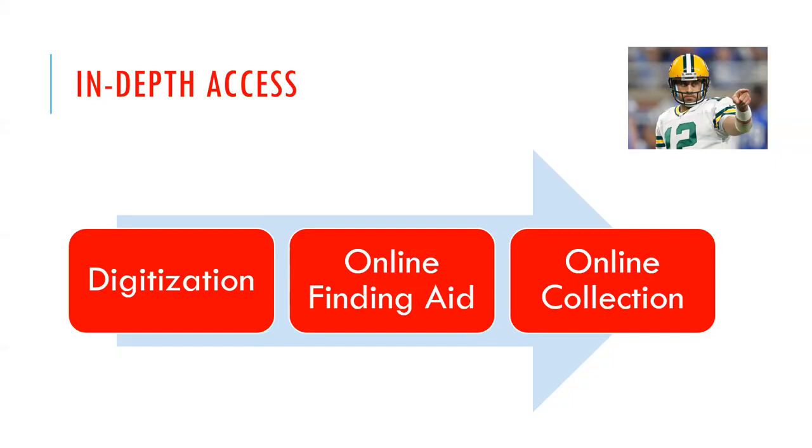And contrary to what some researchers might think, not all records are digitized. Archivists have to really think and consider which collections they want to digitize and provide more in-depth access to, again, in the form of online find aids and or an online collection.